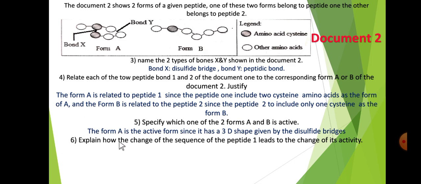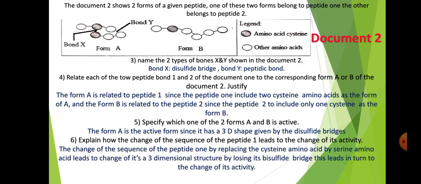Question 6: explain how the change of the sequence of peptide 1 leads to the change of its activity. The change of the sequence of peptide 1 by replacing the cysteine amino acid by serine amino acid leads to the change of its three-dimensional structure by losing its disulfide bridge. This leads in turn to the change of its activity.